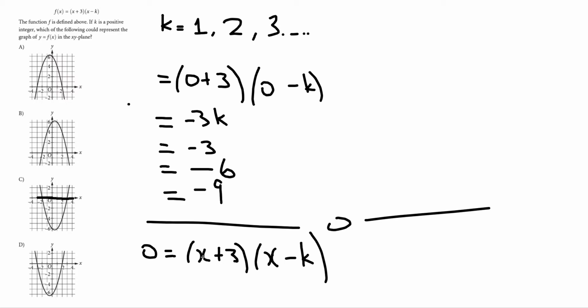If x was minus 3, this expression will be 0, since minus 3 plus 3 is 0, and 0 times anything will be 0. So one value of x that makes y equal to 0 could be minus 3.